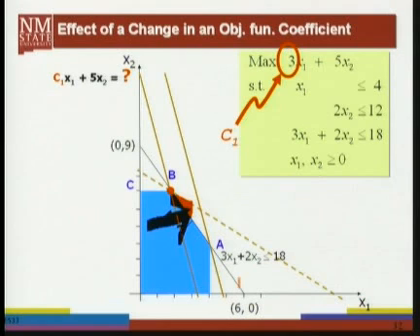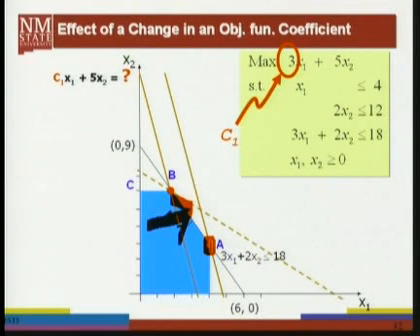Now we know the new optimal point, which has the value of 22, is right here. Okay? Where the isovalue line, again, intersects the feasible region. Okay? So this is the new optimal point.